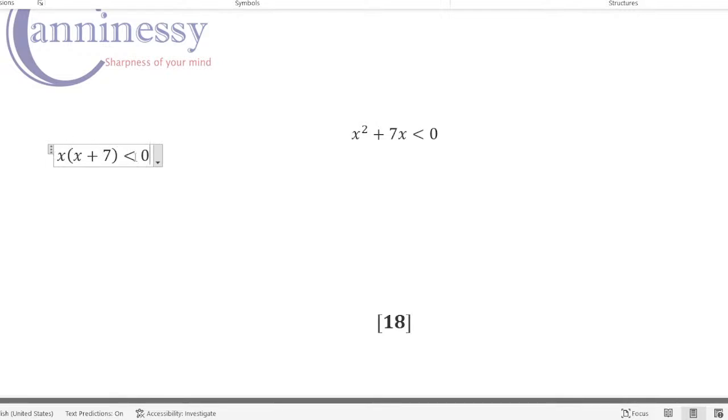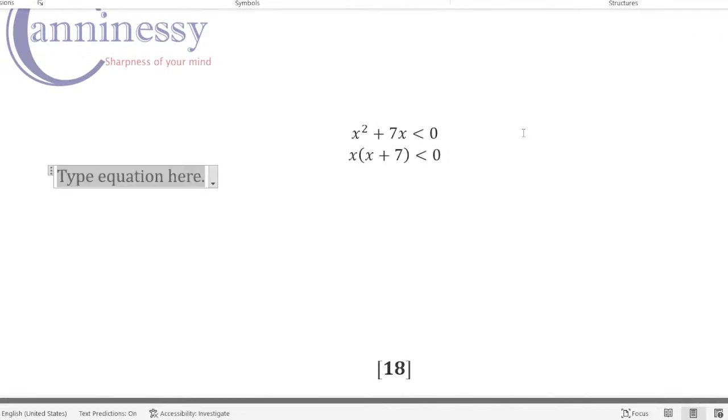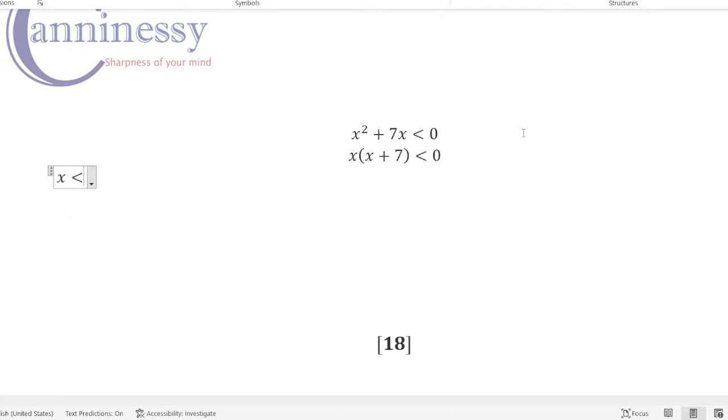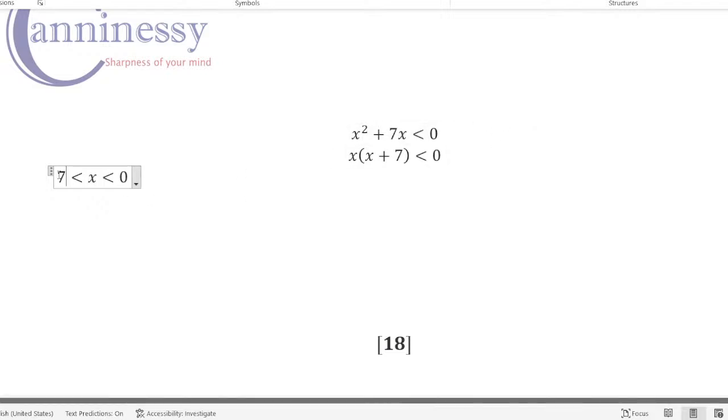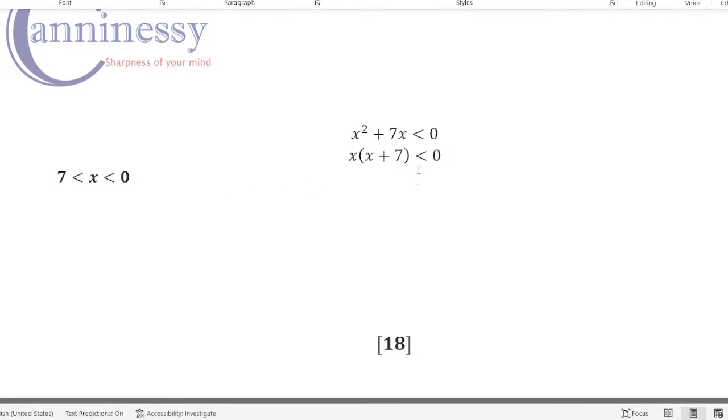So we would say x is less than 0 but greater than 7. X is less than 0 or greater than 7.